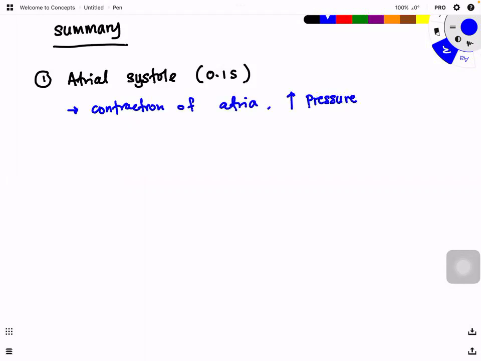Second, when you increase the pressure, the pressure in the atrium is higher than the pressure in the ventricle. So which direction does the blood flow?